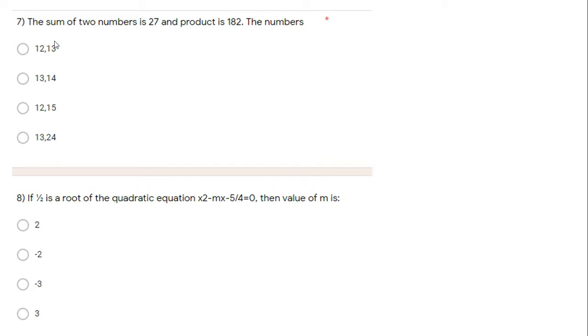Now see, product 182 and sum 27. So x plus y is 27 and xy is 182. This is the main thing. Now from the equations you can easily get the answer. Can you tell me the solution of x and y? I'm not going to solve it here. If anybody remembers, otherwise I will solve it. Anybody remember?